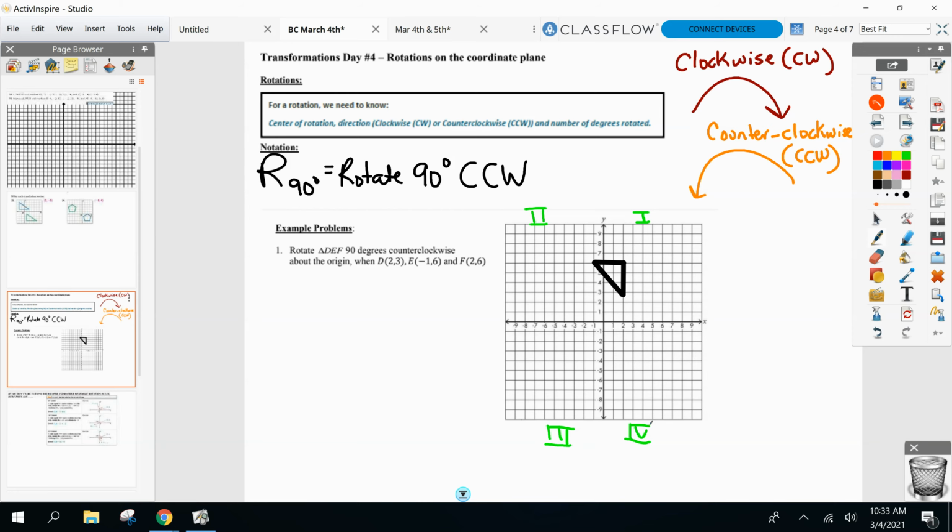When would we rotate clockwise? Good question. We're going to rotate clockwise when the angle is negative. So if I ask you to rotate negative 90, you'd be going 90 degrees clockwise. All righty?